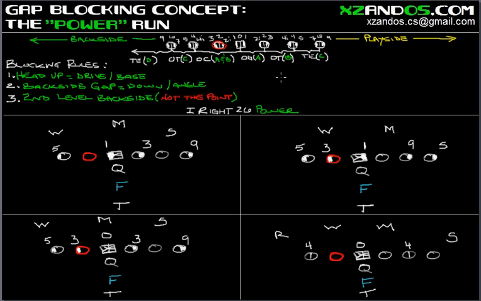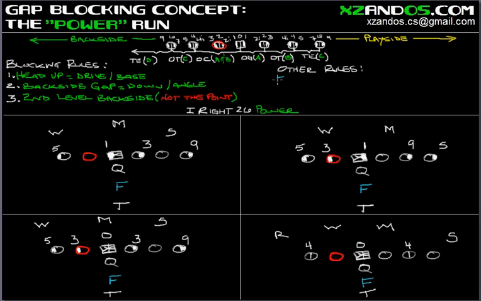Other rules, and then we'll be ready to diagram. Other rules, we have some other important players who we cannot forget about. And one of those is the fullback.